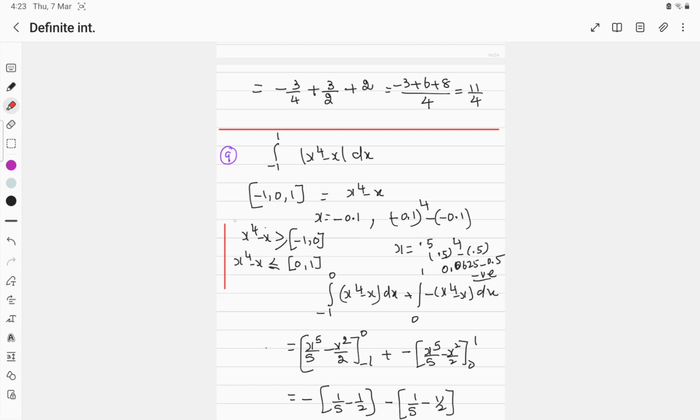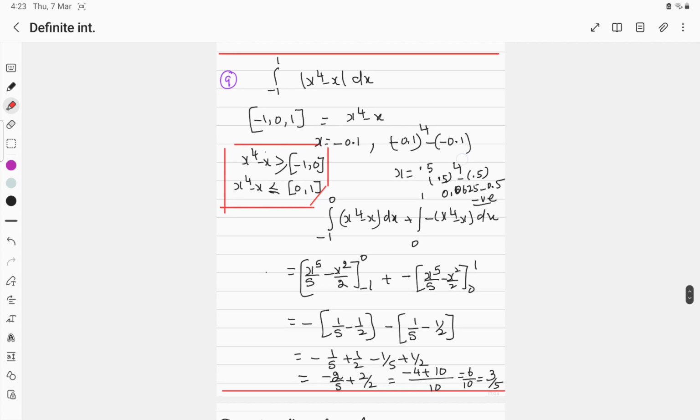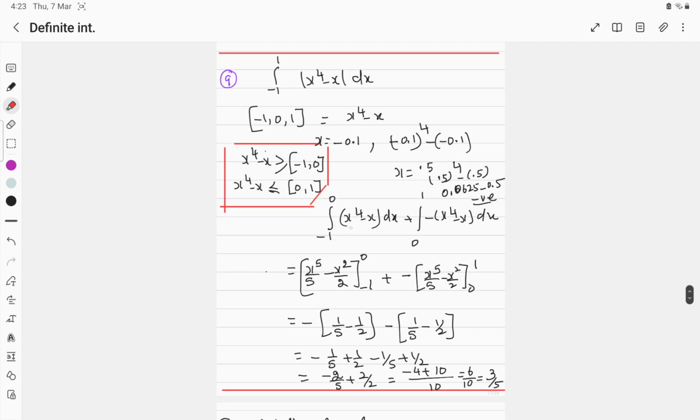Understand the key point. In -1 to 0, x power 4 minus x is increasing, whereas in the interval 0 to 1, it is decreasing. Therefore, -1 to 0, we take positive value of x power 4 minus x dx, plus 0 to 1, we take negative of x power 4 minus x dx.